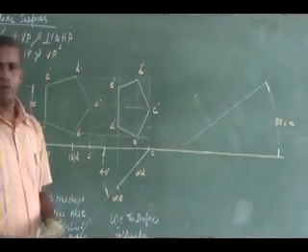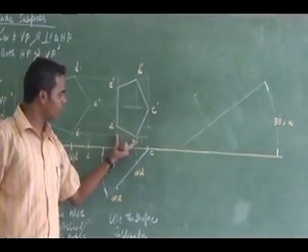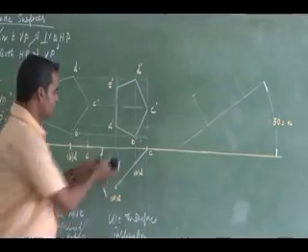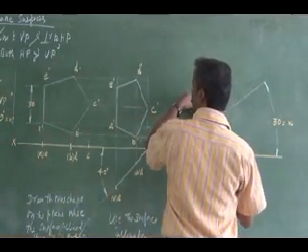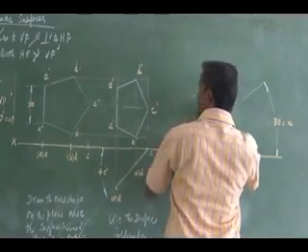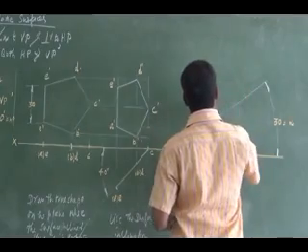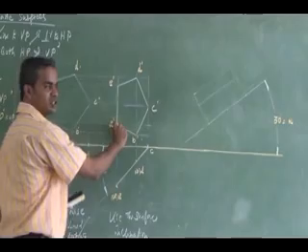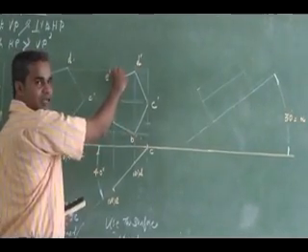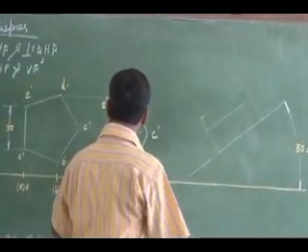Now, to get these corners, I can measure this length also, and this one also. I can draw a line. Then these locations. These are projector lines, and this line I can measure.